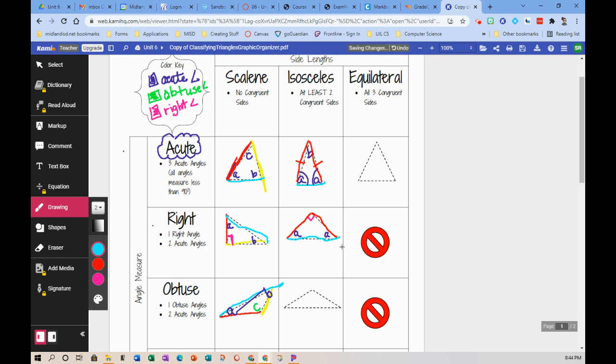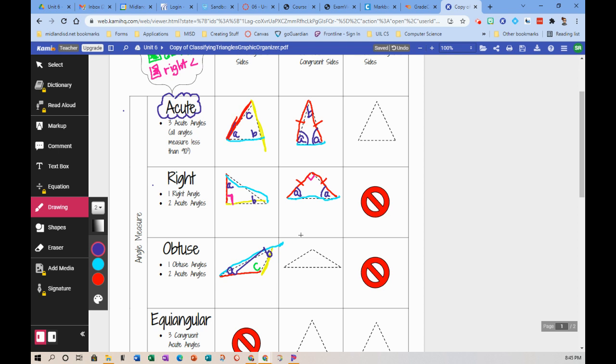And once again, the legs are congruent. So this side would equal this side, and the angles would equal each other. There's a postulate or theorem for this: if two angles are congruent, then the sides opposite the angles are congruent. But we haven't gotten there yet.